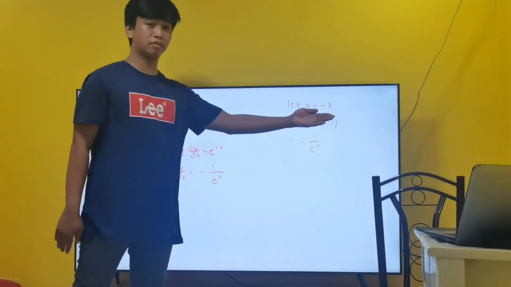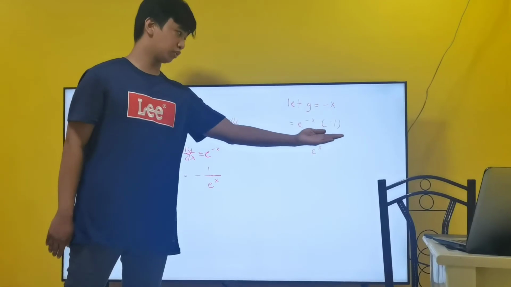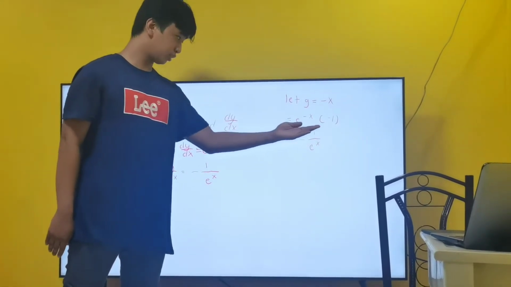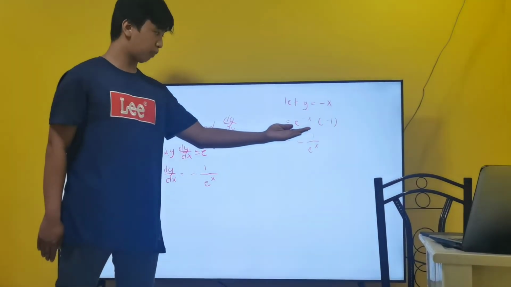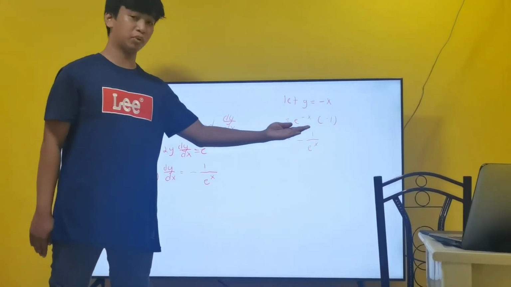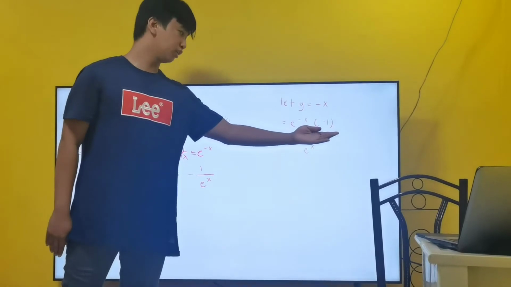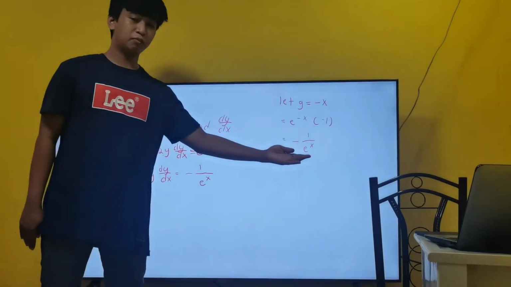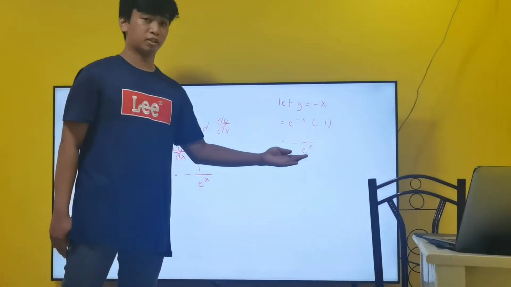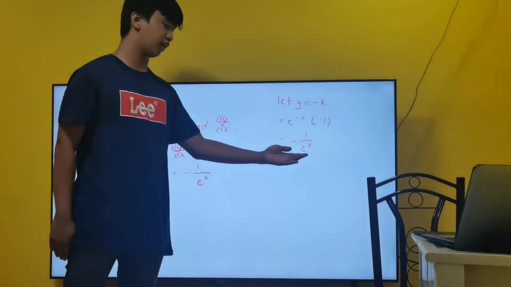Since the derivative of negative x is negative 1, and since e raised to the power of negative x has a negative exponent, we need to reciprocate it and multiply it by negative 1, so it will become negative 1 over e raised to the power of positive x.